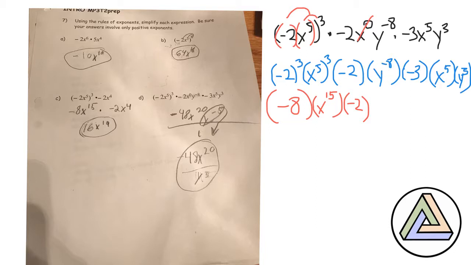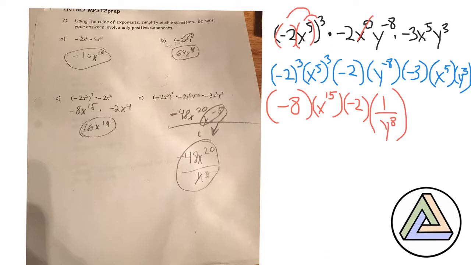Well, that is definitely equal to... yeah, we're going to put it like this. It's equal to 1 over y to the 8th. So basically, anytime you have a negative exponent, you could take the number, shove it into the denominator, and change the sign of the exponent.